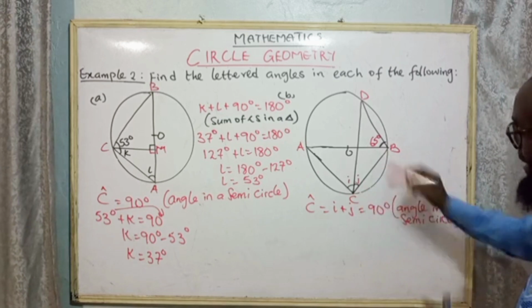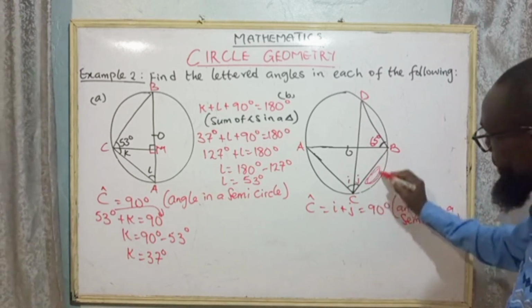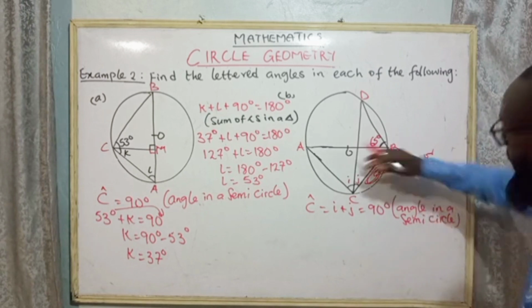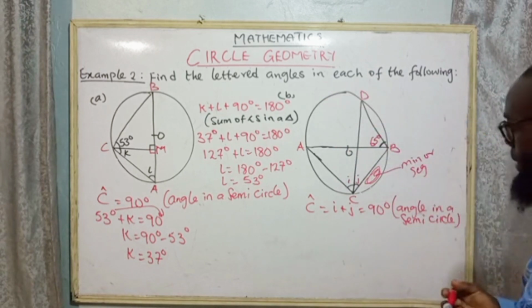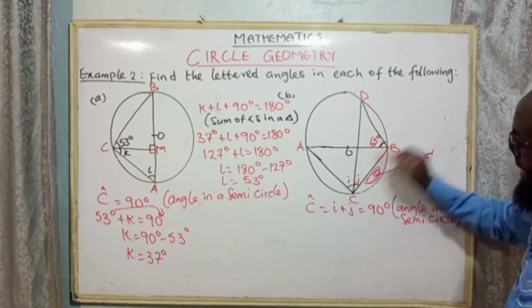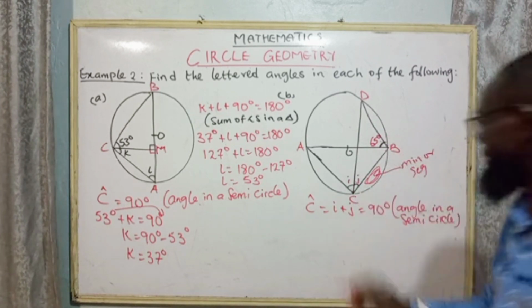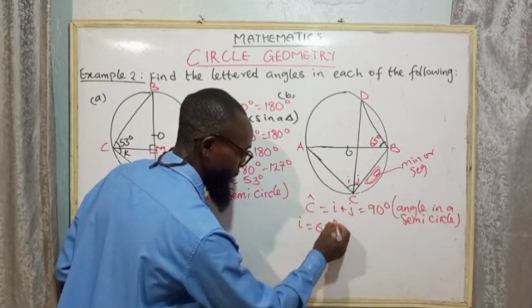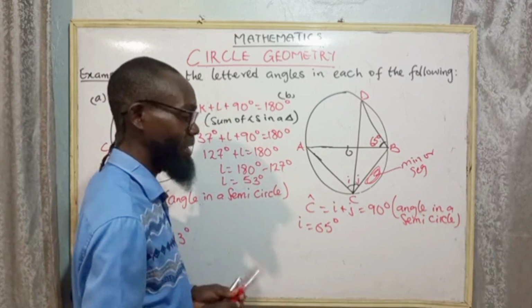If I consider this line CB, this point here is my minor segment, while the remaining part is my major segment. So in this case, my angle I and angle 65 are in the same major segment. So I is equal to 65 degrees. Reason: angle in the same segment.